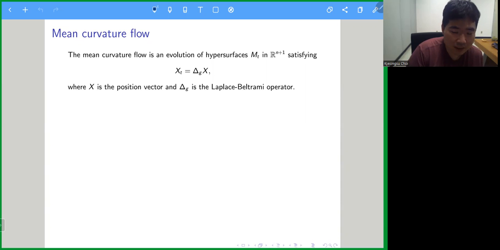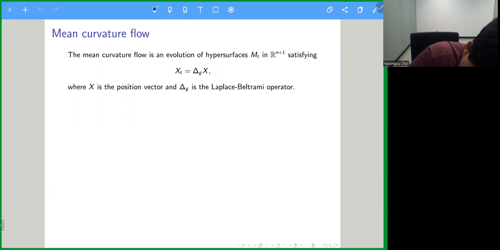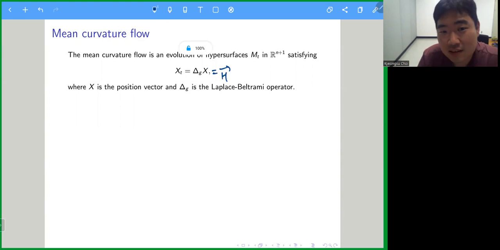Anyhow, this is just a heat equation, but the reason we call this mean curvature flow is the following. The Laplacian of x is the mean curvature vector, right?